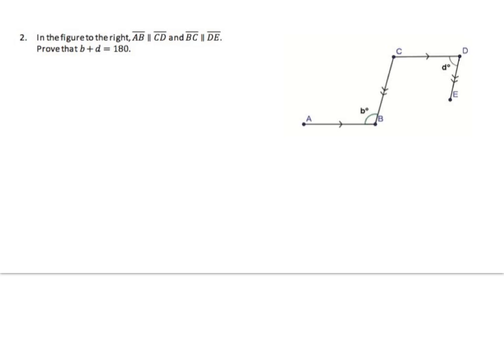Let's draw that a little bit. So I have two parallel lines and a transversal. So I can say that this angle plus this angle equals 180.